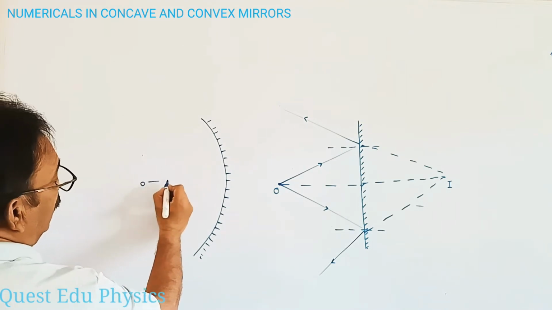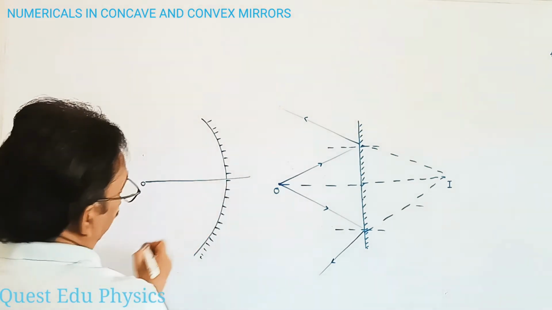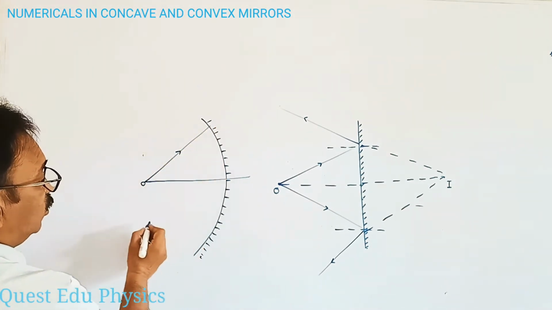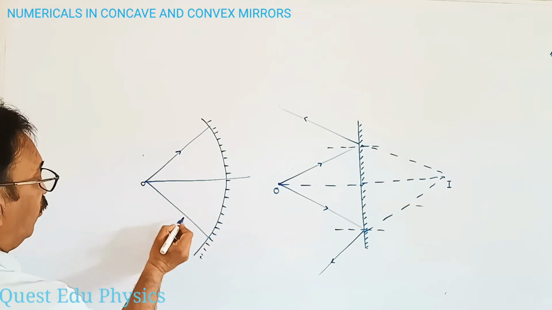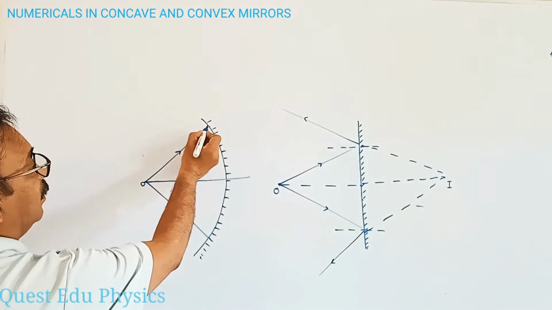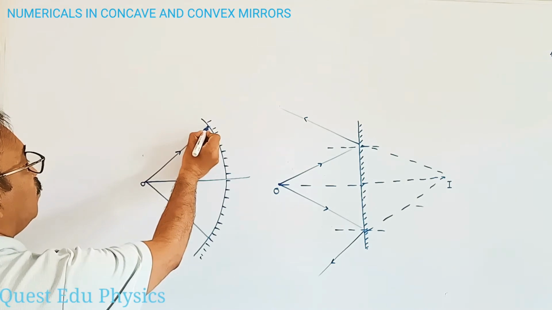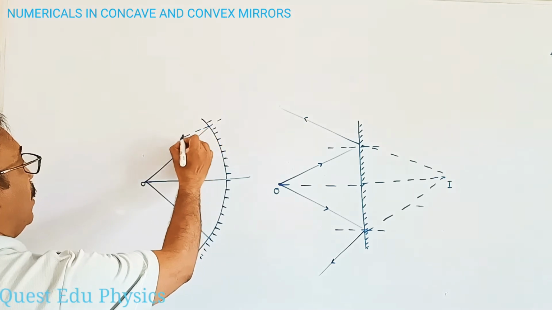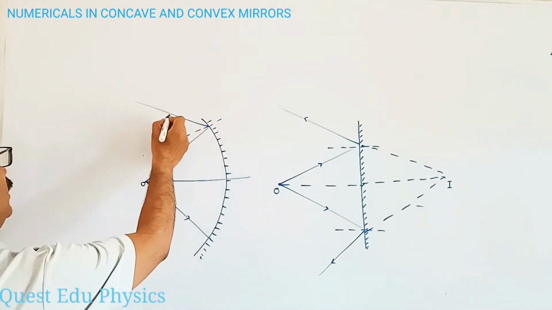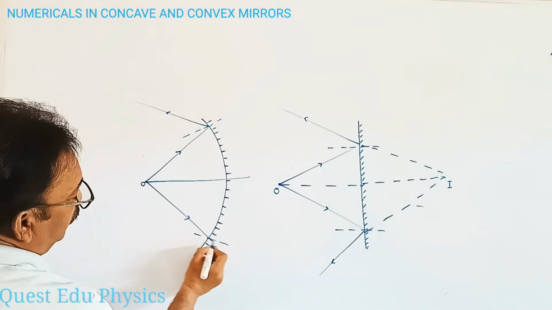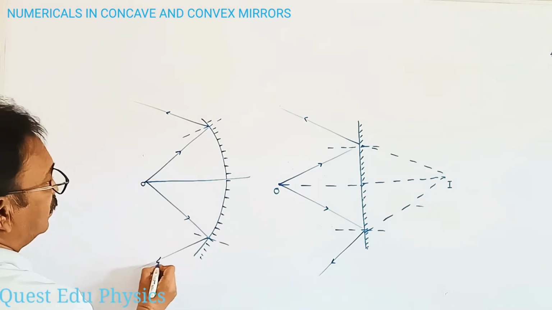Okay, it is the principal axis, as you know. One ray is taken like this, students, and one more ray. Okay, students, then after they get reflected, we have to drop a normal here. This ray travels like this. And again, you have to drop a normal from this point. This ray passes in this way.